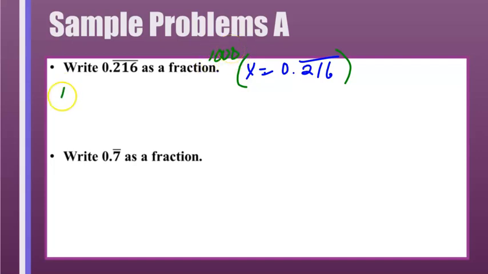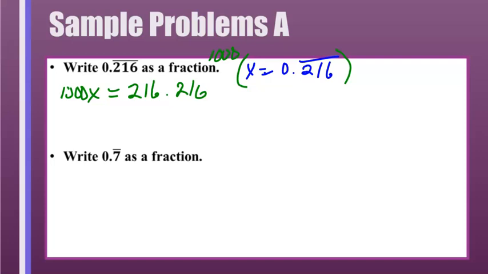So that means I have 1,000x equaling 1,000 times 0.216 repeating, which would be 216 point, and then we'll say 216 because it's going to keep repeating the 216 there.